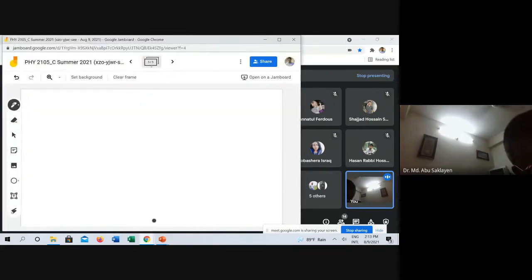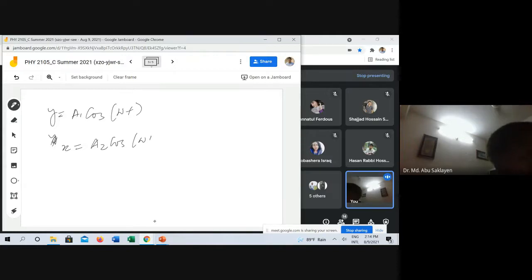If they are the same, you will get y equal to a1 cos omega t and, sorry, x equal to a2 cos omega t plus phi.